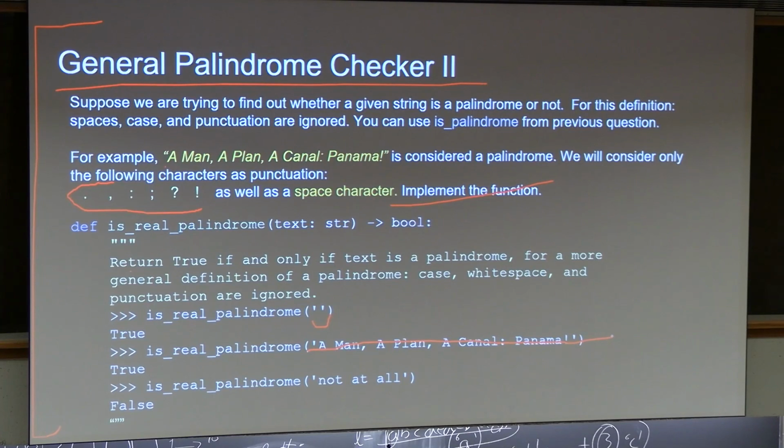If you were to consider the punctuations, this would be different, because the character at the last index is not the same as the character at the first index. So this should be false, but in our definition of the real palindrome, this is fine because we don't consider these characters.